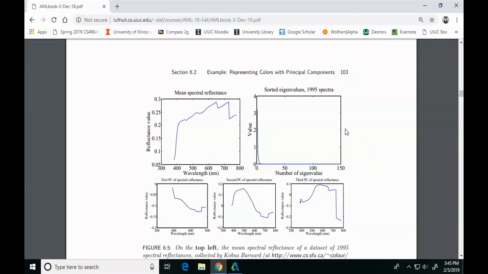Then we took the covariance matrix and graphed the eigenvalues of the covariance matrix after the eigenvalue decomposition. And what you see here is what we'd expect for most data sets: there is a quick drop of the eigenvalues within the first, say, 10 eigenvectors.